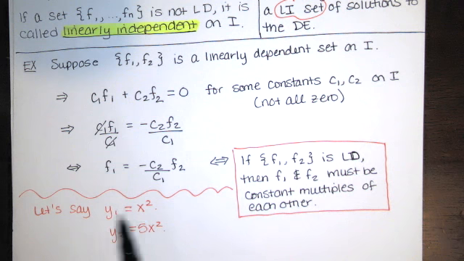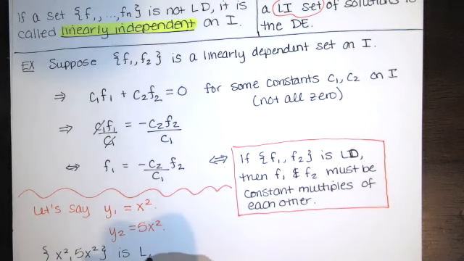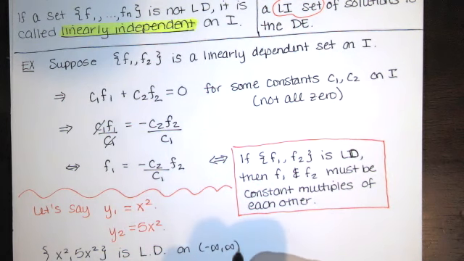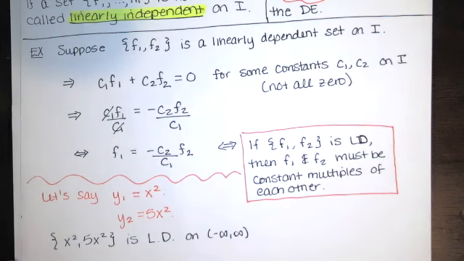This function has already taken care of all of the multiples of x squared. So this set of functions, x squared and 5x squared, is linearly dependent on the entire real line. They're linearly independent only when x equals 0, but we're talking about intervals of values.